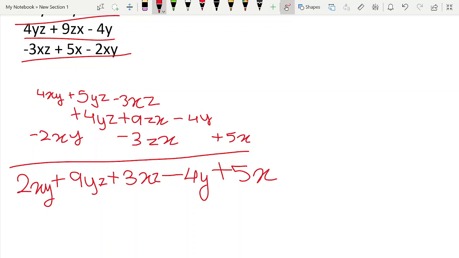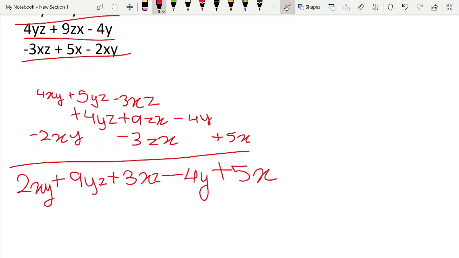Now we solve it. Plus 5x plus nothing is plus 5x. Minus 4y plus nothing is minus 4y. Minus 3xz plus 3zx is the same thing. So which one's bigger? 3 is bigger, so you get the sign of the bigger number.